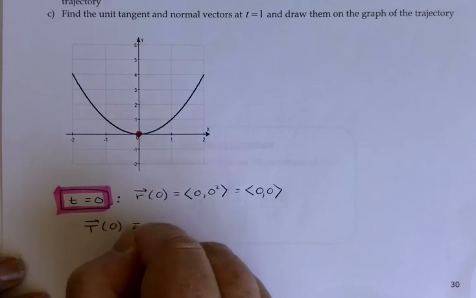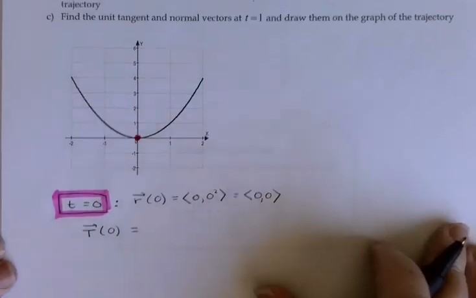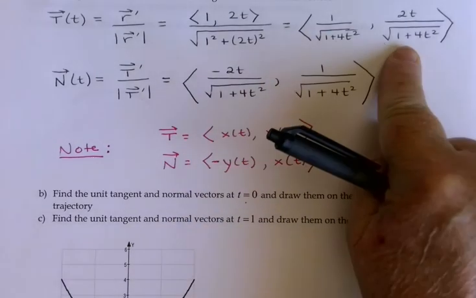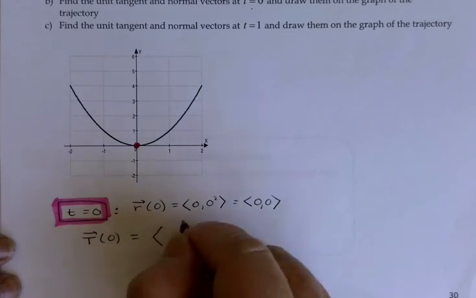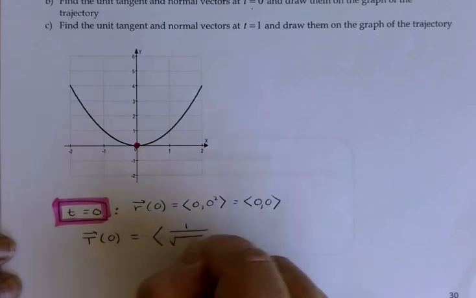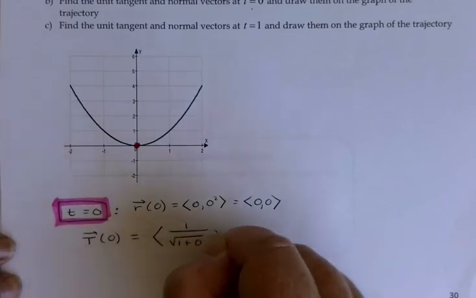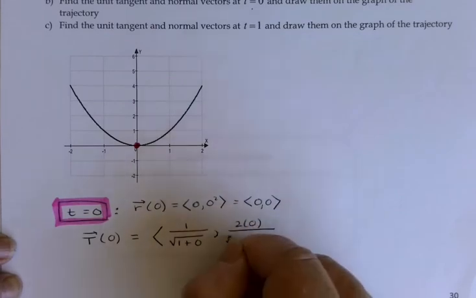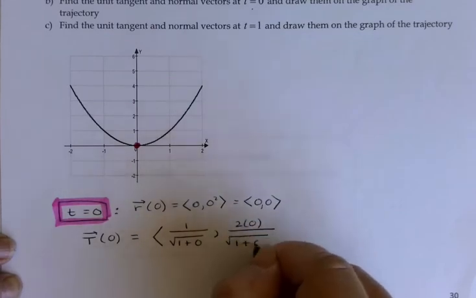T of 0, and I'm just using the t that we calculated here, plugging in 0 for t, would be 1 over the square root of 1 plus 0, and then 2 times 0 over the square root of 1 plus 0.